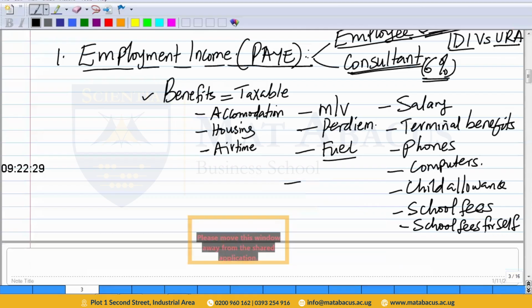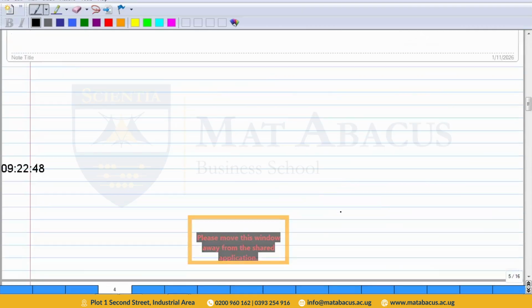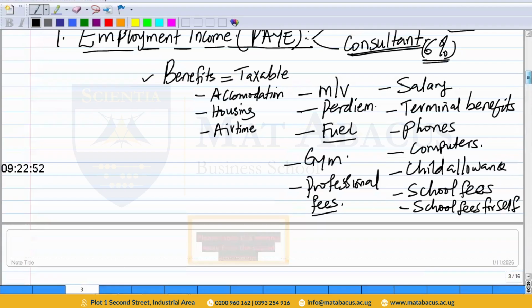They may pay for your gym. They may pay for your professional fees. Let's say you are a member of the institute and you are required to pay professional fees. So we're going to look at how do you tax these ones.